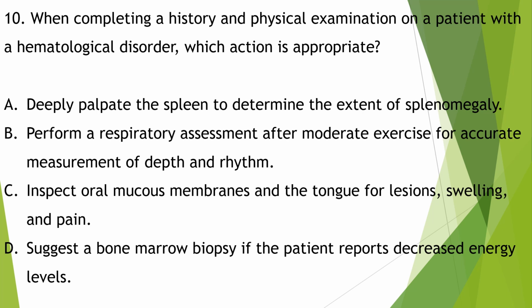Suggest a bone marrow biopsy if the patient reports decreased energy level. So when we are doing the history and physical examination of a patient with hematological disorder, we need to inspect the oral mucous membrane and tongue to see for any paleness or any bleeding gums.